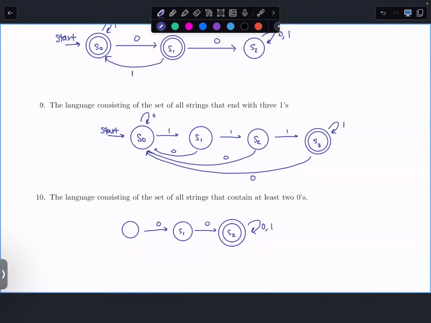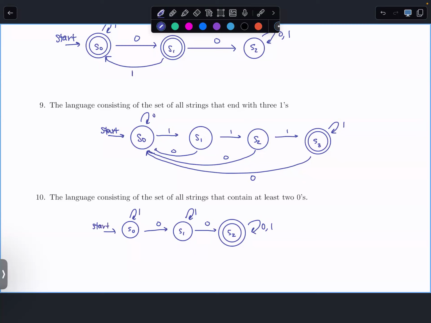If I get a one, I don't have to go back, because the zeros don't have to be consecutive. I can just stay put and hope that another 0 will come up. I just need 2 zeros to happen. Okay.